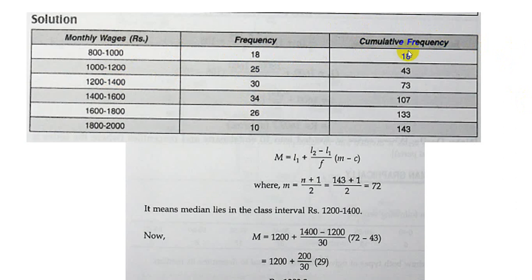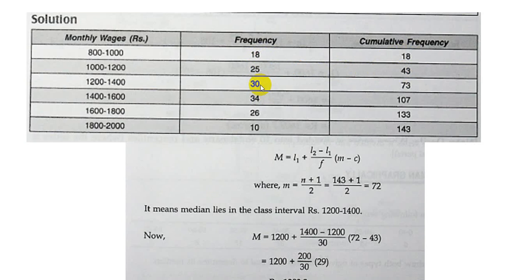The first cumulative frequency is actually the same as the frequency. For example, here 18, just write 18 as the first cumulative frequency. And for the next cumulative frequency, we just add up 18 and 25. The sum of 18 and 25 becomes 43. So 43 would be the next cumulative frequency.